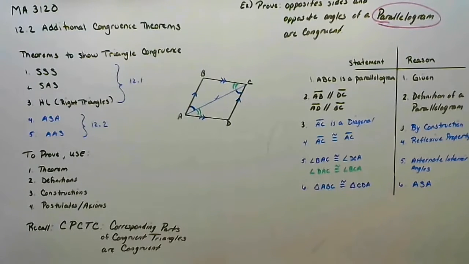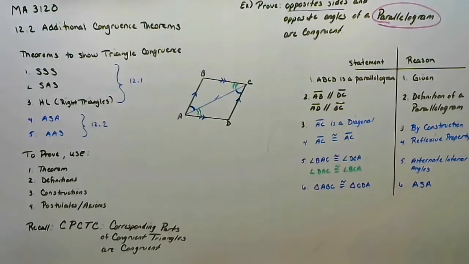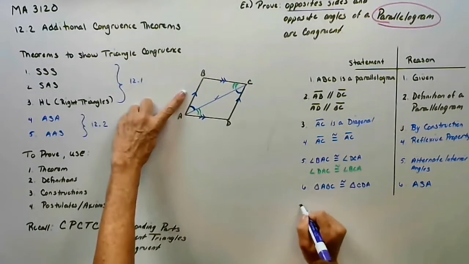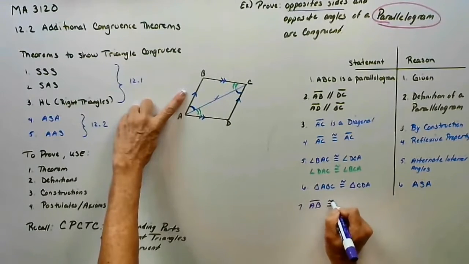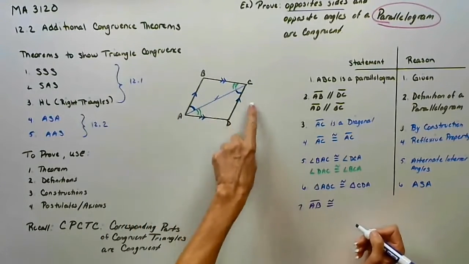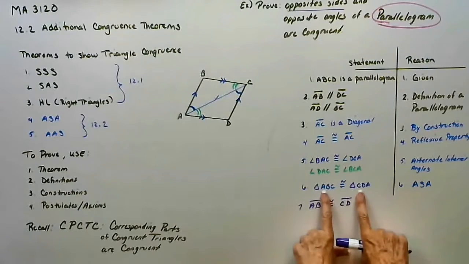congruent. So at this point, if I want to say opposite sides congruent, let's list them. AB is congruent to CD. Now remember, you can also just look at these triangle parts. AB, CD.